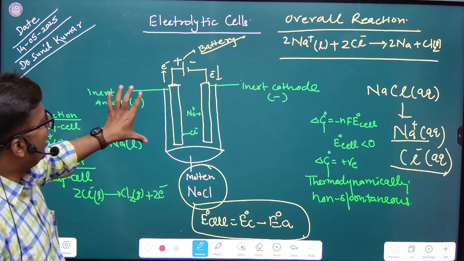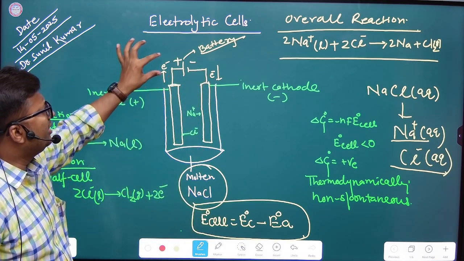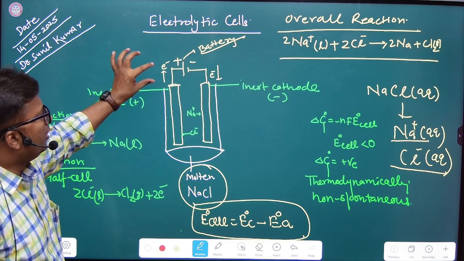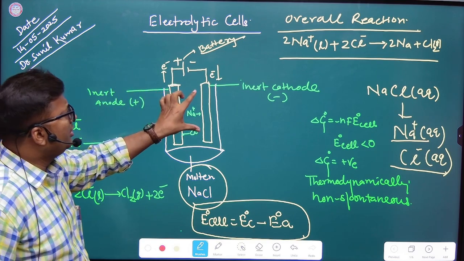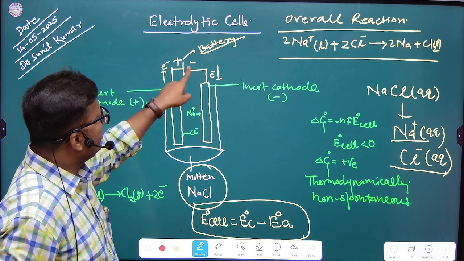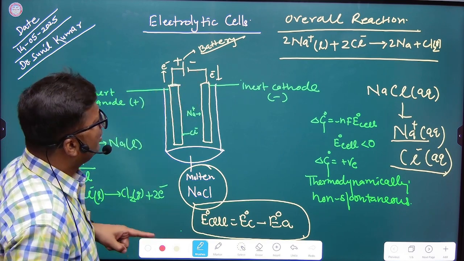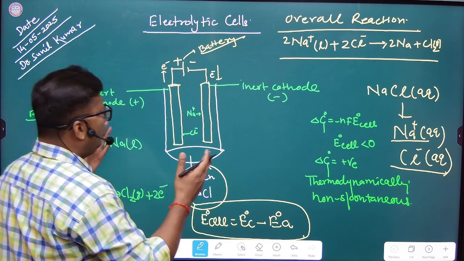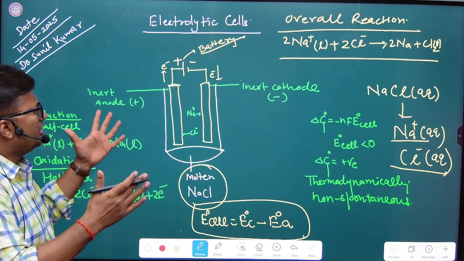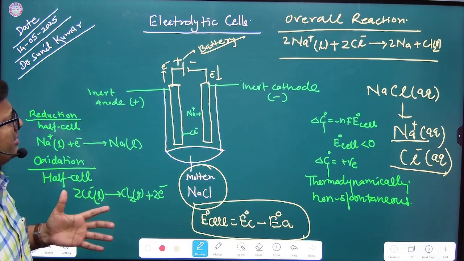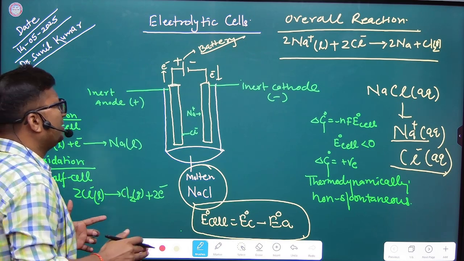So one inert electrode is connected to the positive pole of the battery, while the second inert electrode is connected to the negative pole of the battery. Now this is a complete setup of an electrolytic cell. So what happens here?